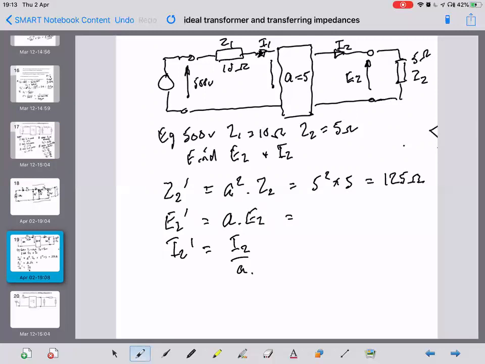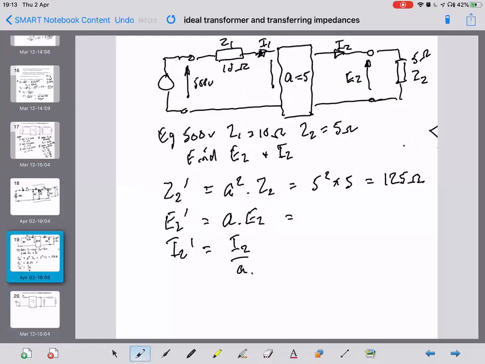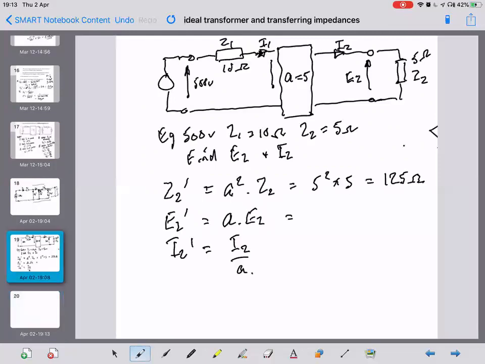So on my next page, what I can then do is draw that circuit out again. Hang on, I'm going to cheat a little bit.